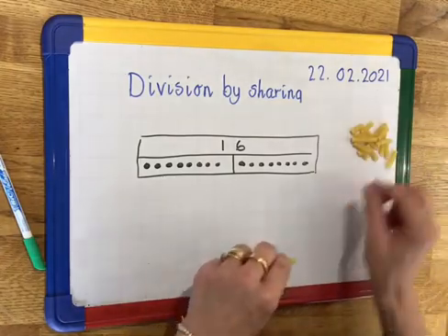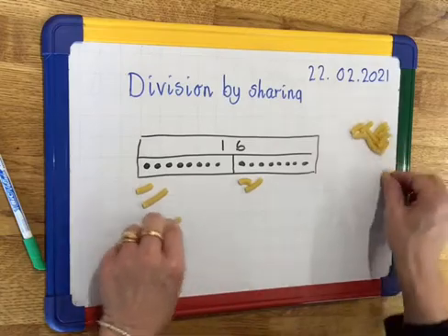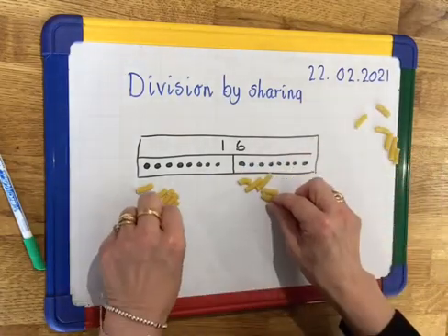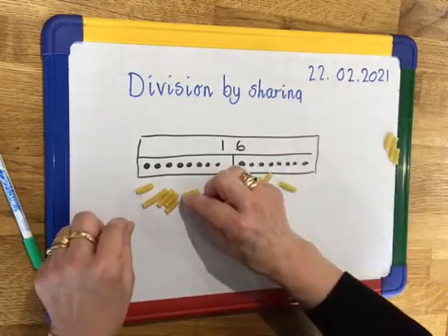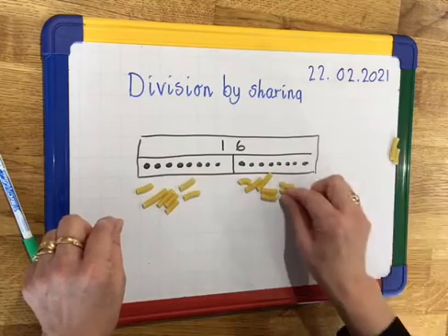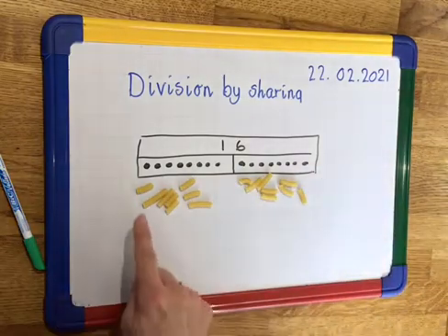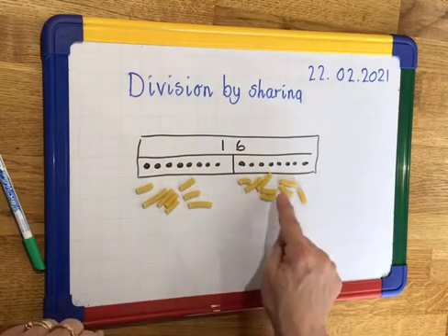Those are my whole, and I divided them one at a time like this. I'm just doing it slightly quicker here. And I ended up with 8 in each group. 1, 2, 3, 4, 5, 6, 7, 8. 1, 2, 3, 4, 5, 6, 7, 8.